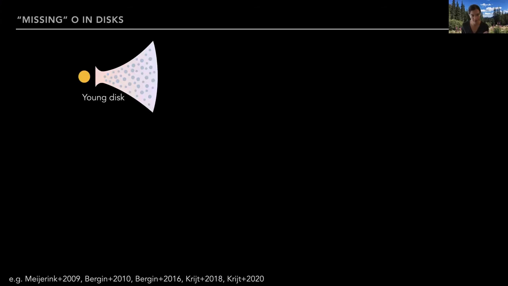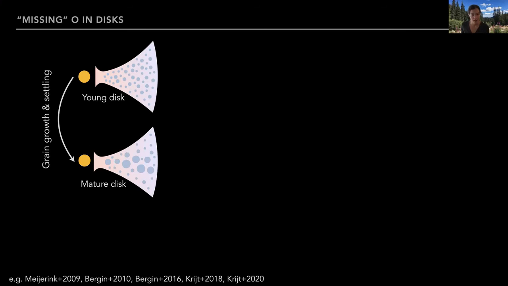So how do we explain this? There's actually a pretty compelling framework that can explain why nitrogen is so enhanced relative to oxygen in disks. It has to do with how the physical and the chemical evolution of the disk are coupled. The idea is that you start with a disk where you have small particles distributed throughout the vertical extent of the disk.